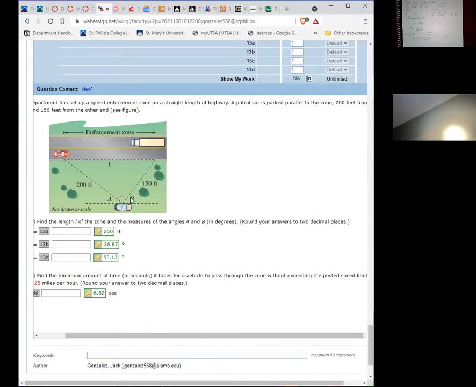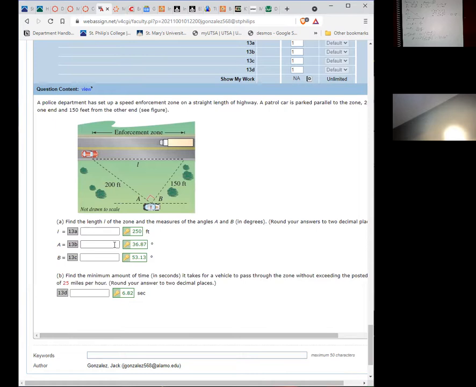And from here to there is 90. So let's see, what could we do to find the missing angles? Finding L won't be a big deal. Finding A and B will be strange.